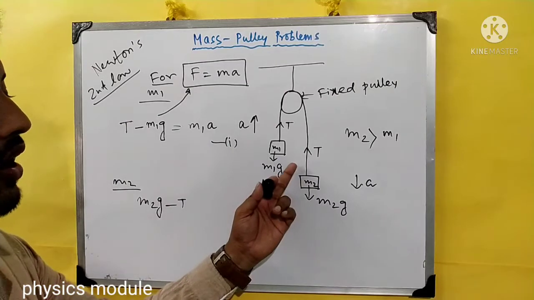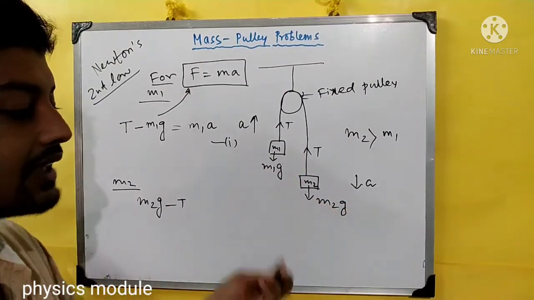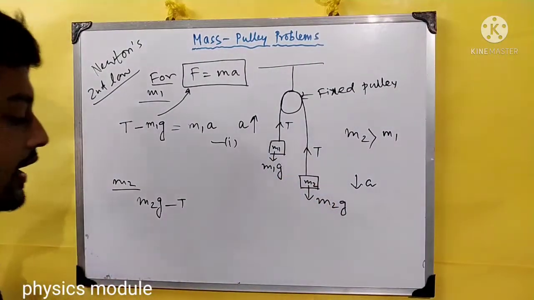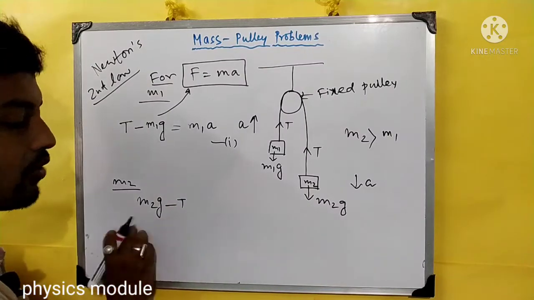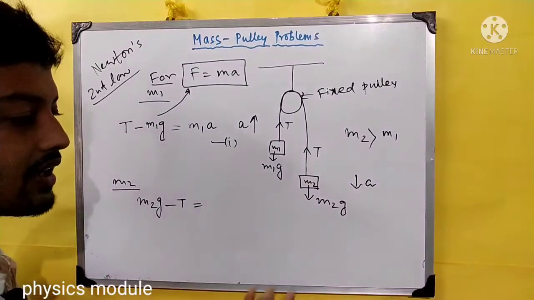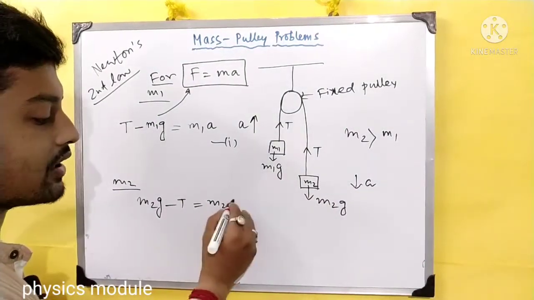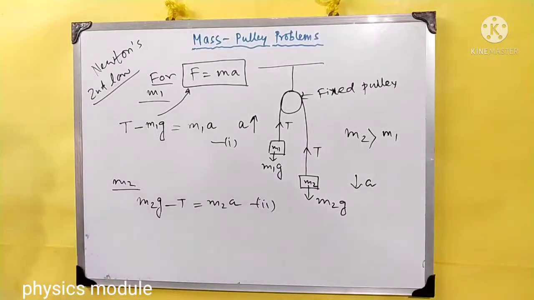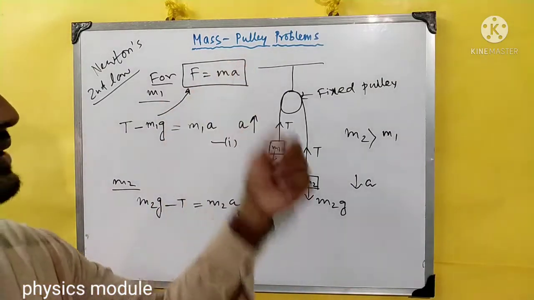Because T is in the opposite direction of the acceleration, and also opposite to the weight. So m2g minus T is the amount of effective force. You have to equate it with the product of mass and acceleration. Here mass is m2 and acceleration is a. This is the second equation. That is how you can form equations for solving mass and pulley systems.